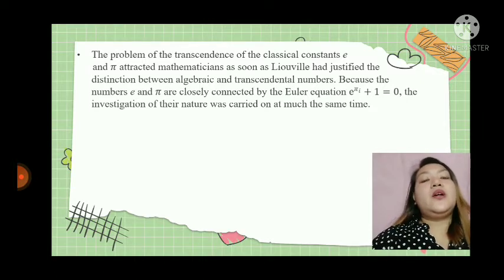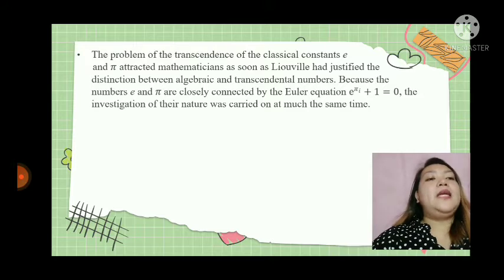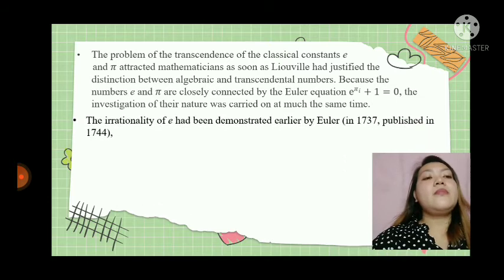because the numbers e, Euler's number, and pi are closely connected by the Euler equation e to the power of pi i plus 1 equals 0. The investigation of their nature was carried on at much the same time.